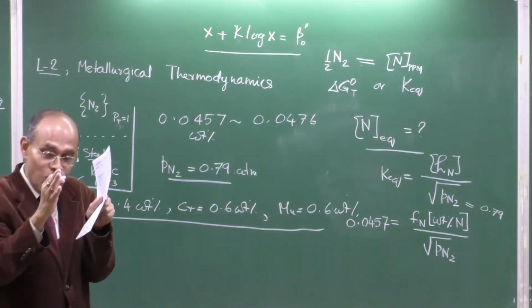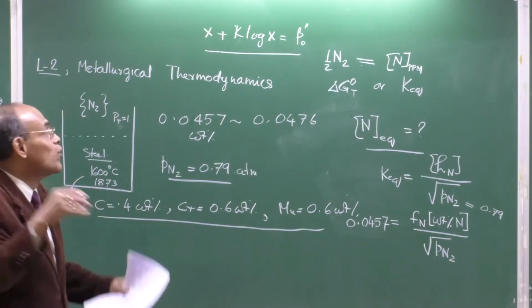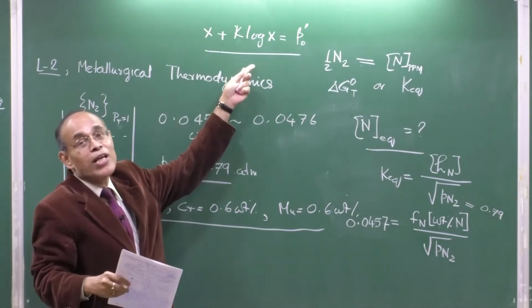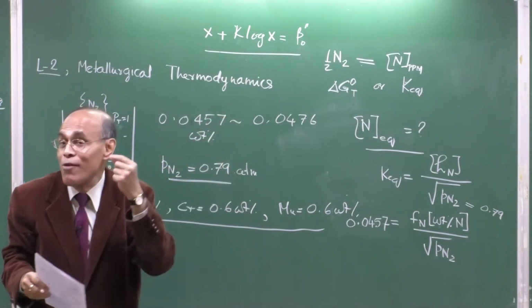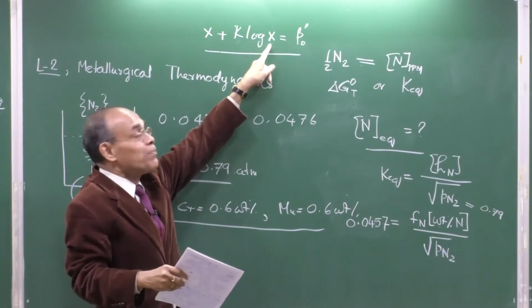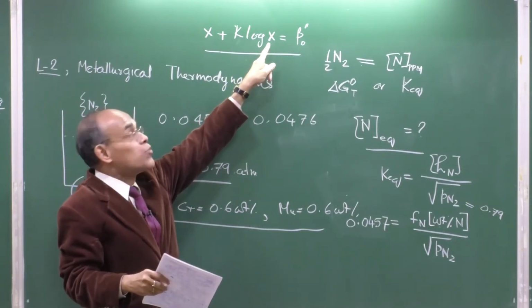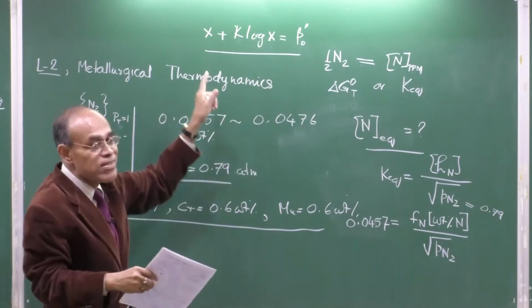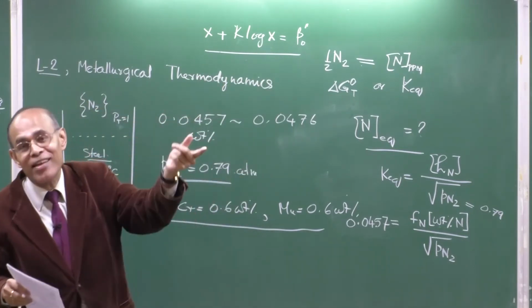The base value from which you start is a known value, because you will not do a trial and error by putting a value of 1 or 10 or 100. You have to have some idea about a tangible value for x, the weight percentage of the alloying element or species under consideration, and that is known from some other calculation we have performed.